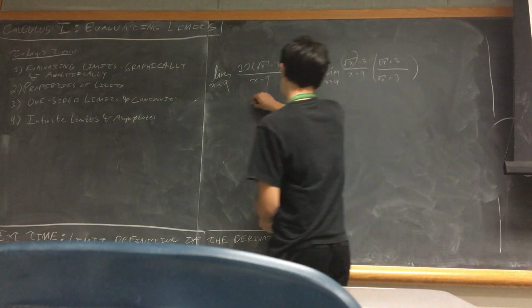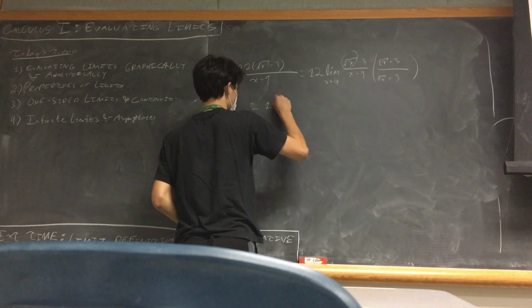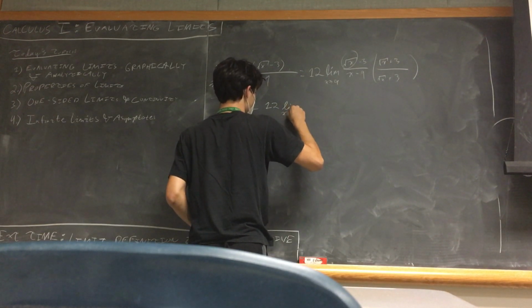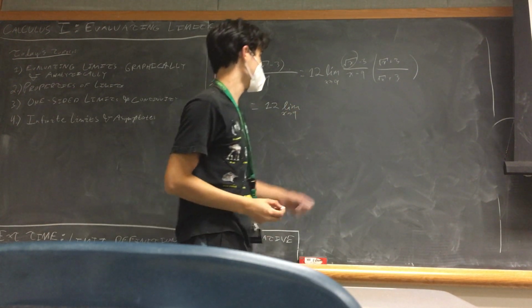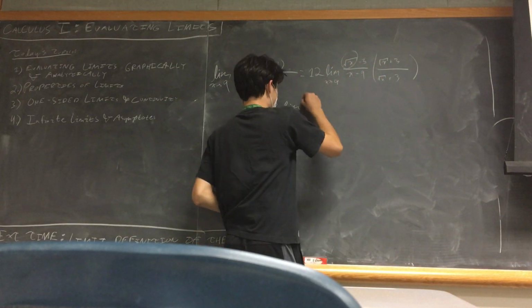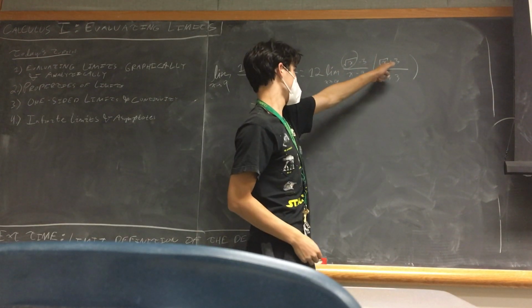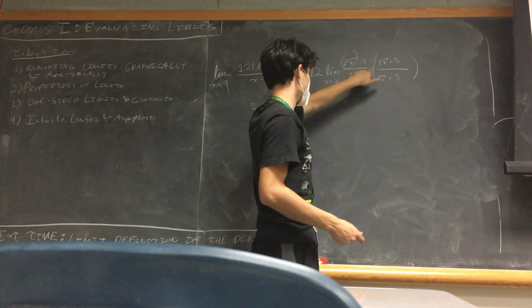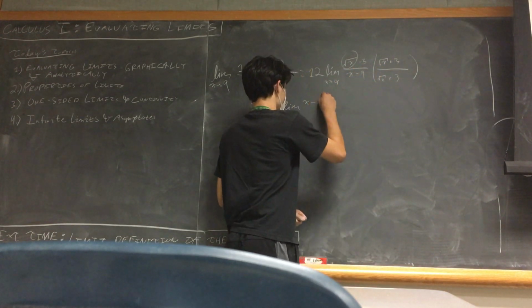So we get that this is equal to 12 times the limit as x approaches 9 of, this becomes x, the minus 3 root x and the plus 3 root x cancel out, and negative 3 times positive 3 is negative 9.